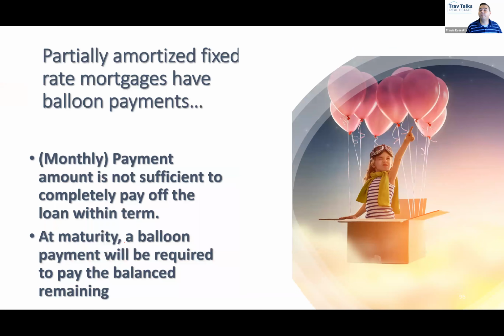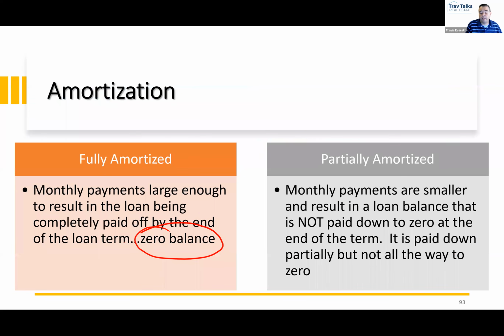How many of you have ever heard of a balloon payment? A balloon payment is how you handle that outstanding balance at the end of a loan if the loan is partially amortized. And we call it a balloon payment because it's explosively big. What if we had a partially amortized loan that after we made the last payment still had a $150,000 balance?